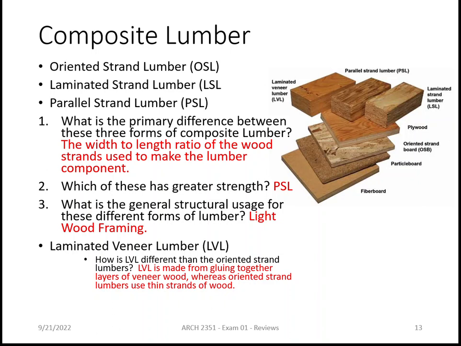But one thing they all have in common is they're made out of wood strands, right? Thin strands of wood that are oriented in a certain direction. In the case of lumber, they're usually oriented along the length, and then they're compressed together and glued, okay?